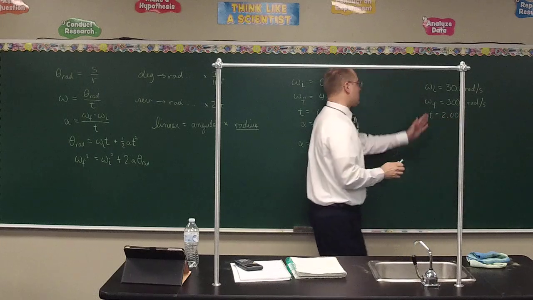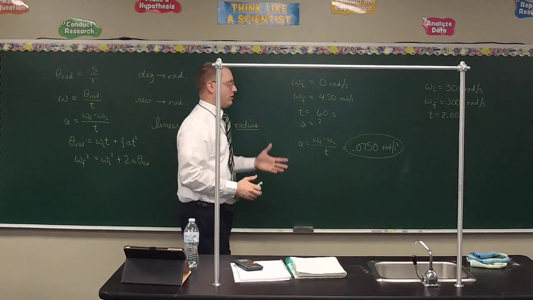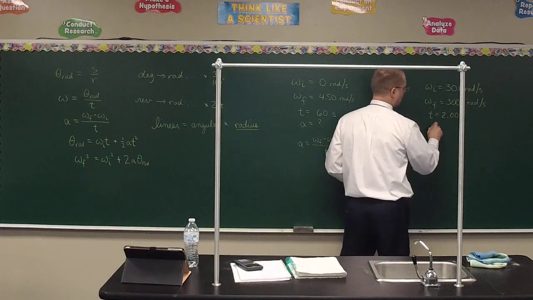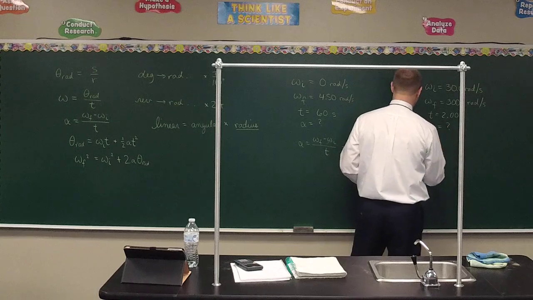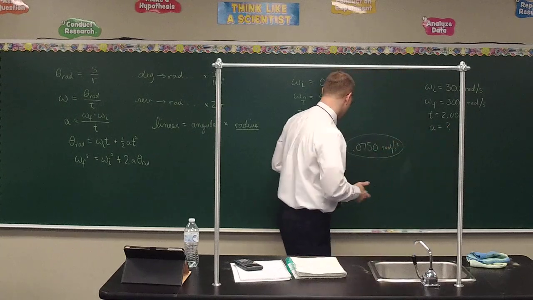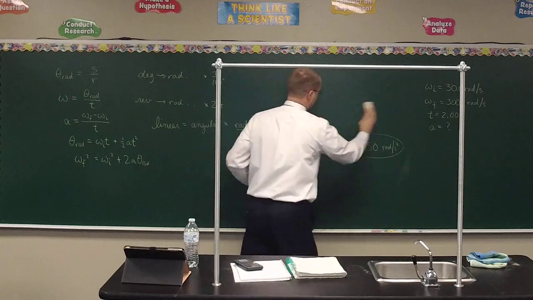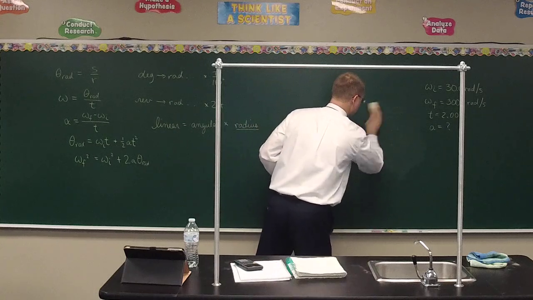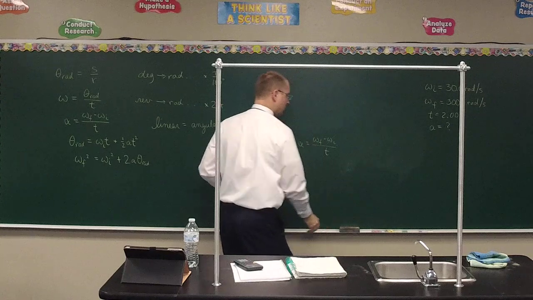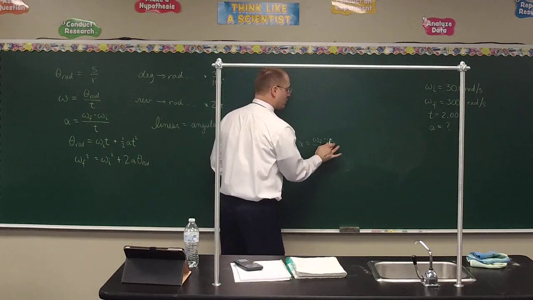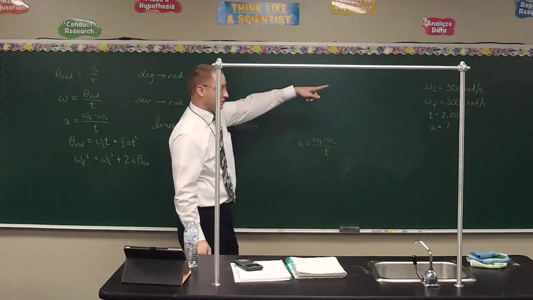Just like the last problem, it's really not much different. They ask for the angular acceleration. To solve, we're going to use omega sub F minus omega sub I over t. The difference is this time, you can't cross out the omega sub I because there is a value there.